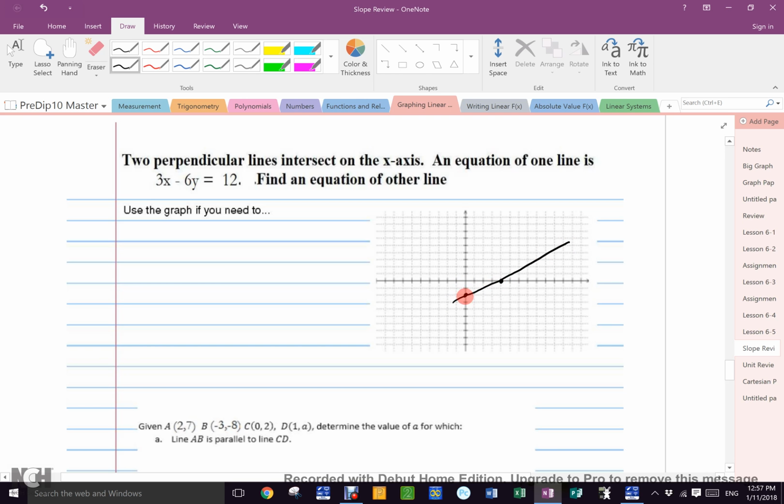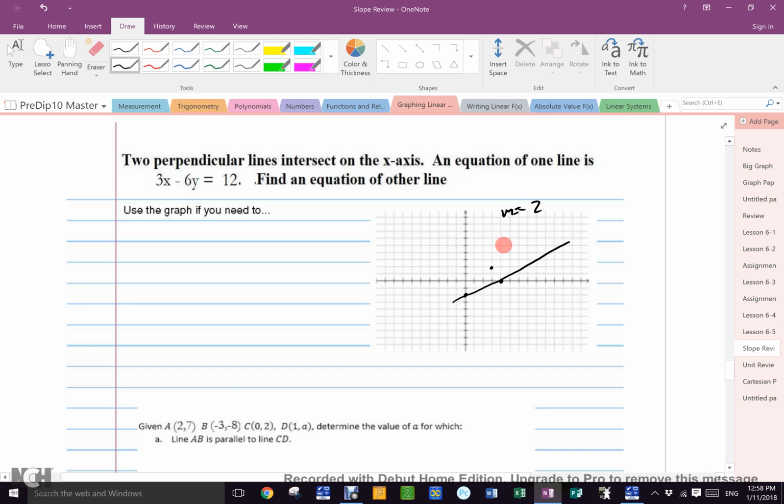It has a slope of 1/2, yeah? Which means its perpendicular line must have a slope of the negative reciprocal. If I have a slope of positive 1/2, what is its negative reciprocal? Negative 2. So I go up 2 and right 1. Now I know the slope is negative 2.